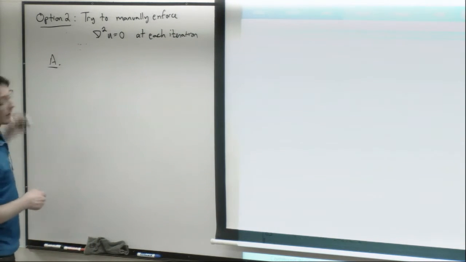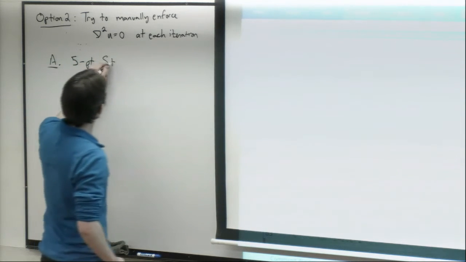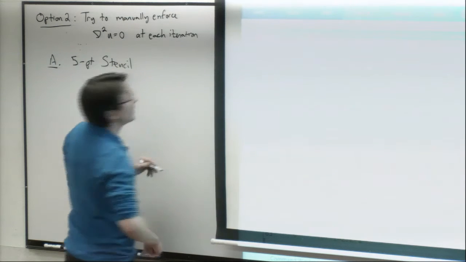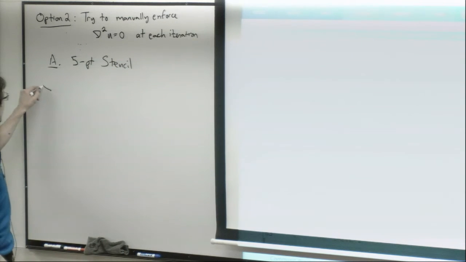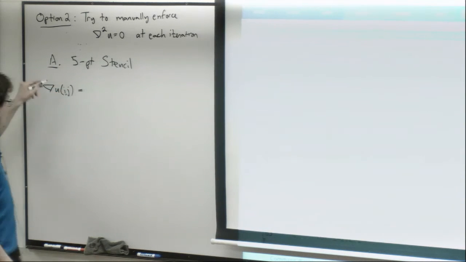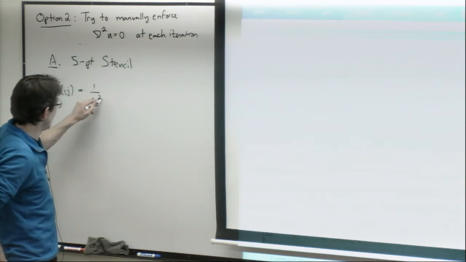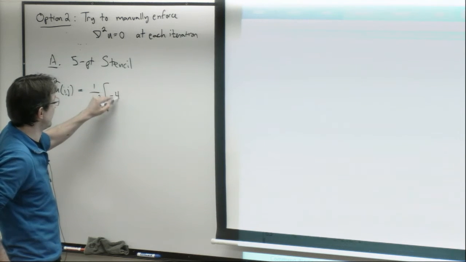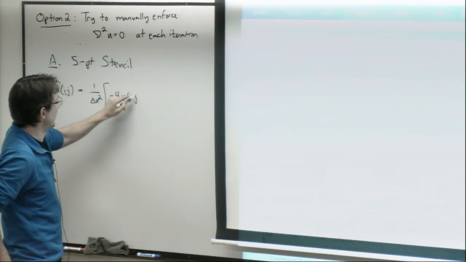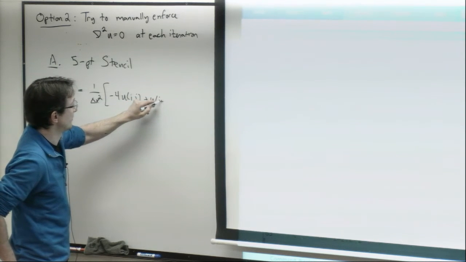For example, in my 5-point stencil, we know that our Laplacian looks like the following. We have the Laplacian of u at the i, jth grid point equals something like 1 over delta x squared times minus 4 u at ij plus u at all of its neighbors.